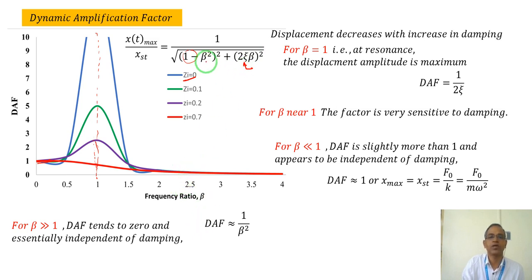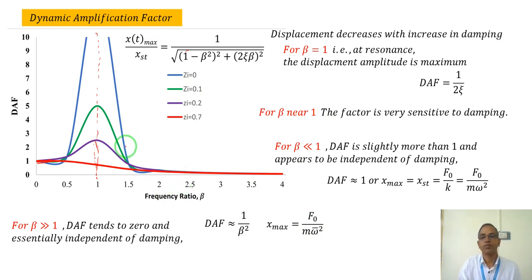We don't worry about damping. So 1 by beta square. So this square root can cancel, and only the beta square term is remaining in the system. So x max equals xst by beta square. Xst means f naught by k, and beta square means omega r by omega, so we get f naught by m omega square. So these are the learning lessons from this dynamic amplification factor study.